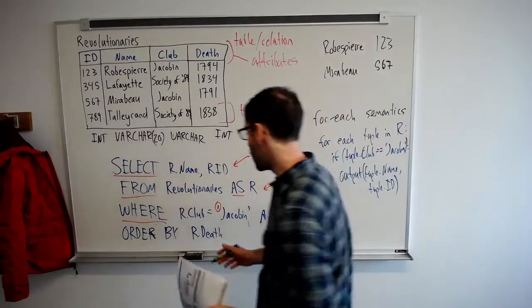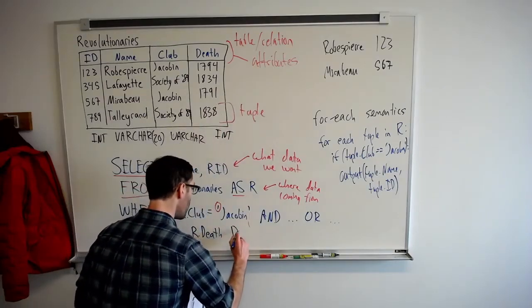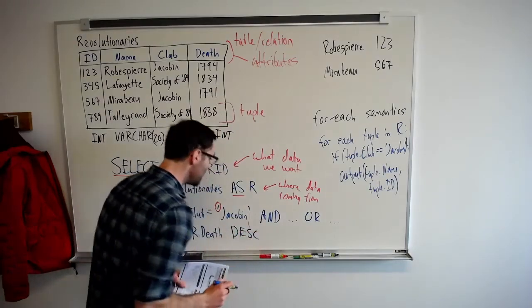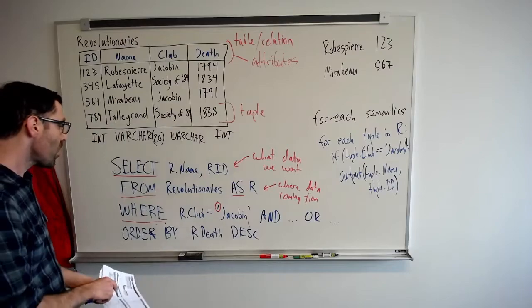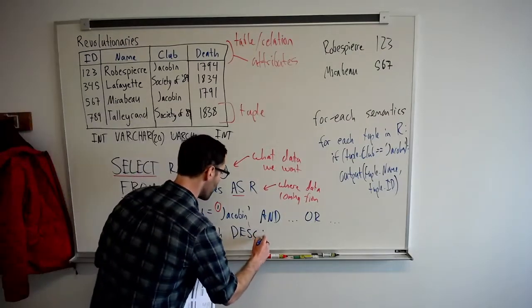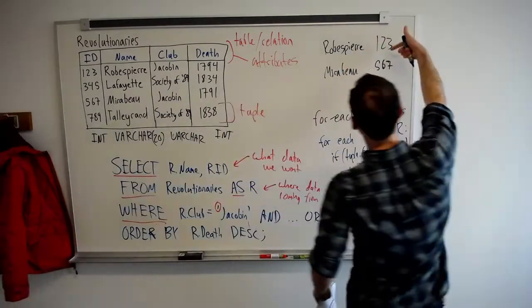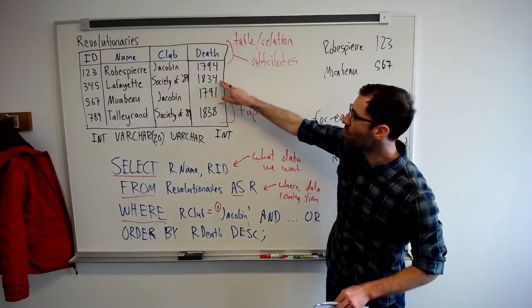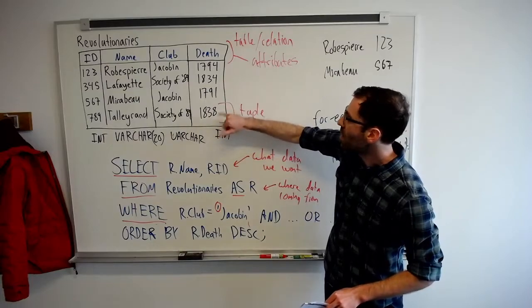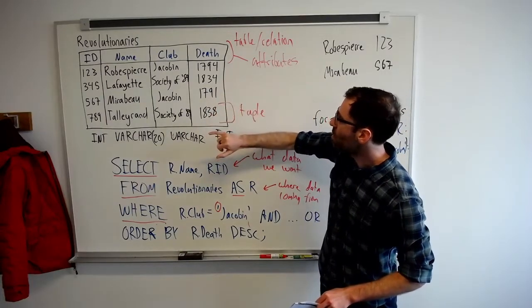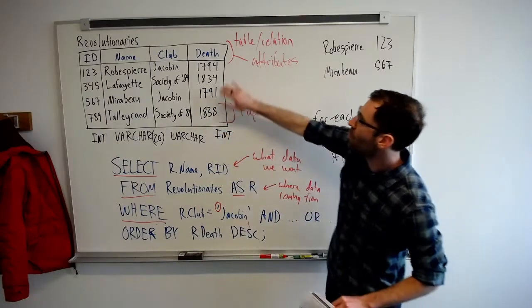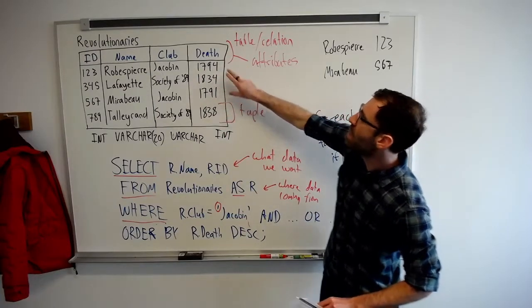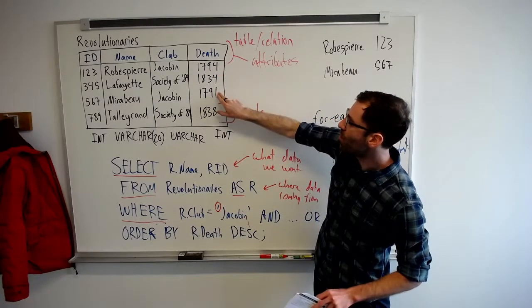And so we could then say, no, actually we want it in descending order, and that would serve to flip the order of our tuples here, right? Because in descending order, Robespierre would come before Mirabeau.